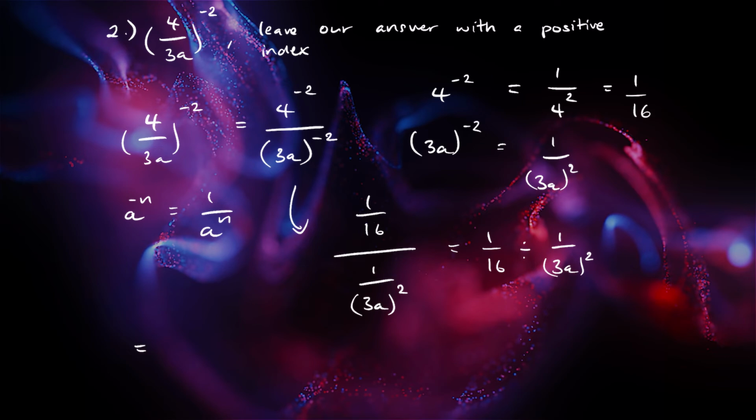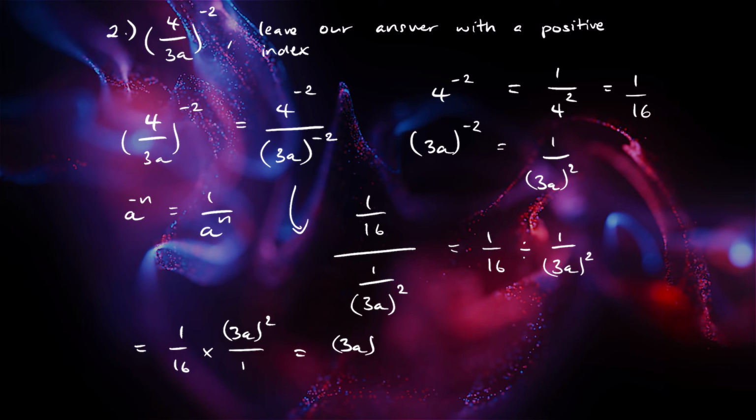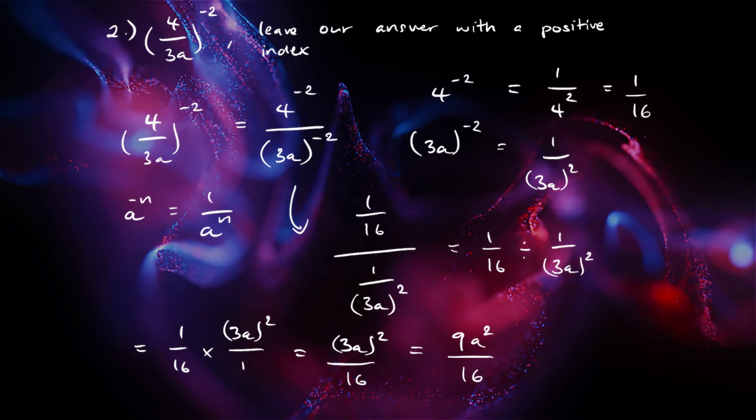So we get 1 over 16 multiplied by (3a) squared over 1. This gives me (3a) squared over 16, which is the same as 9a squared over 16. Now, I don't think we can get any simpler than this, so this is my fully simplified answer.